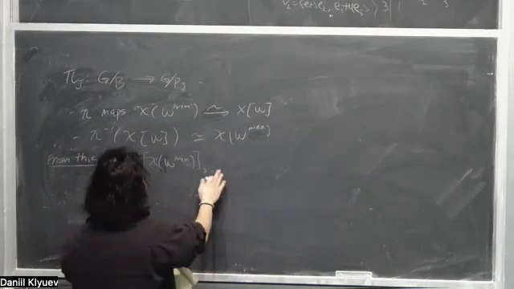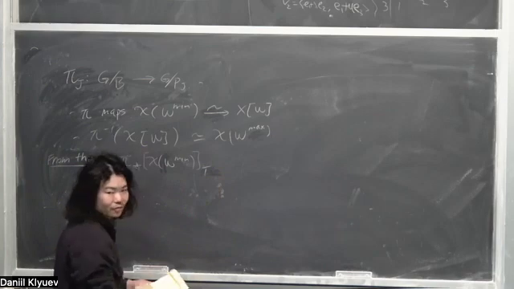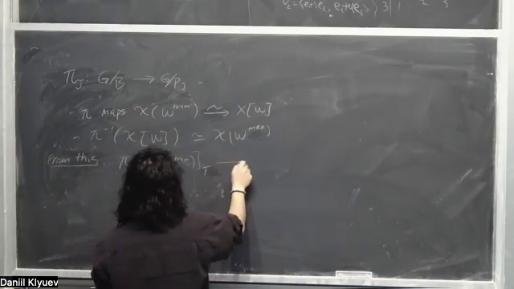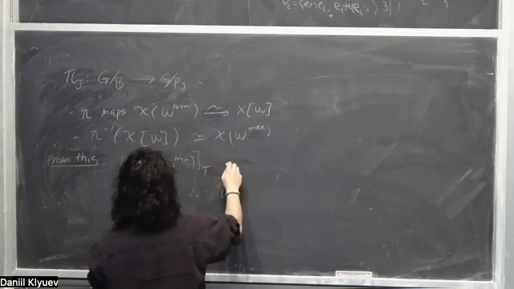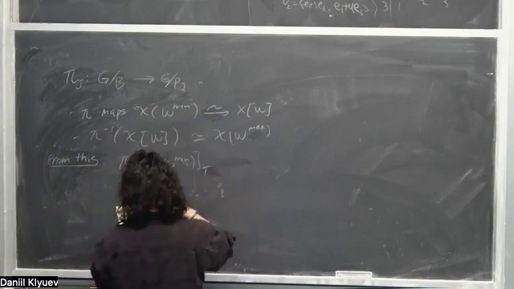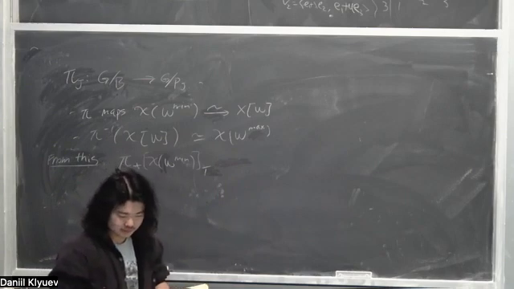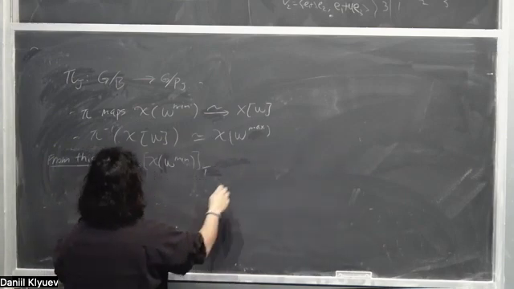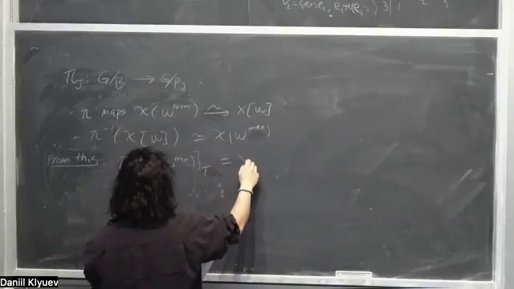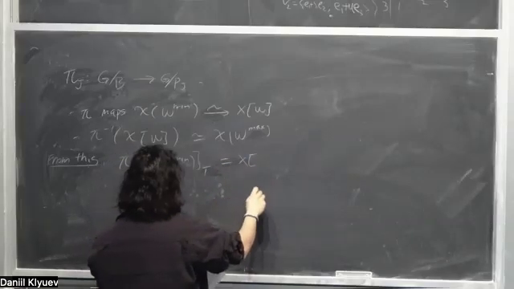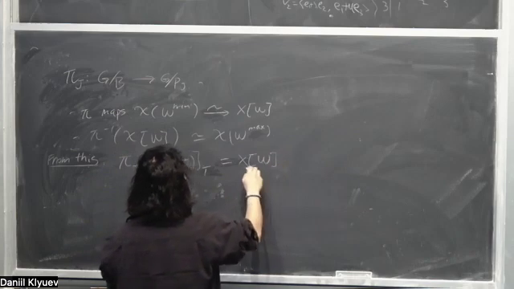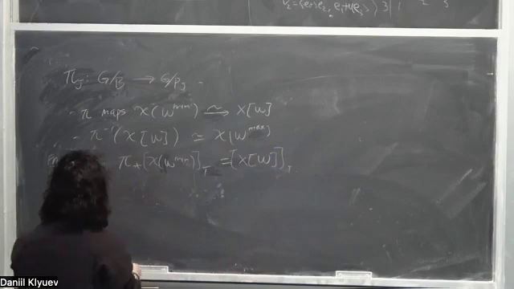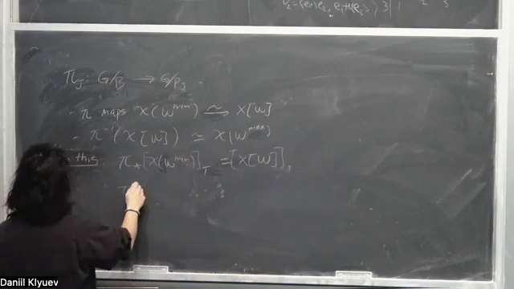Let's do T because that's what we want. Let's take the T equivariant, everything T equivariant. This is just... what did I say? Up here. And then try pull back.